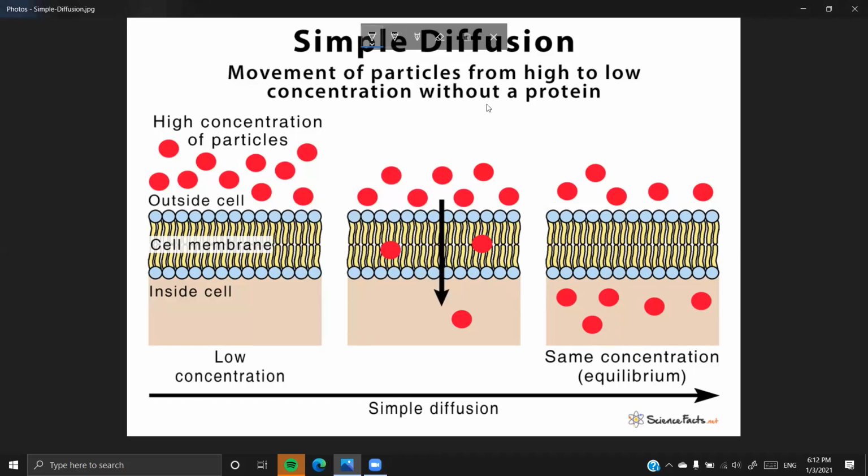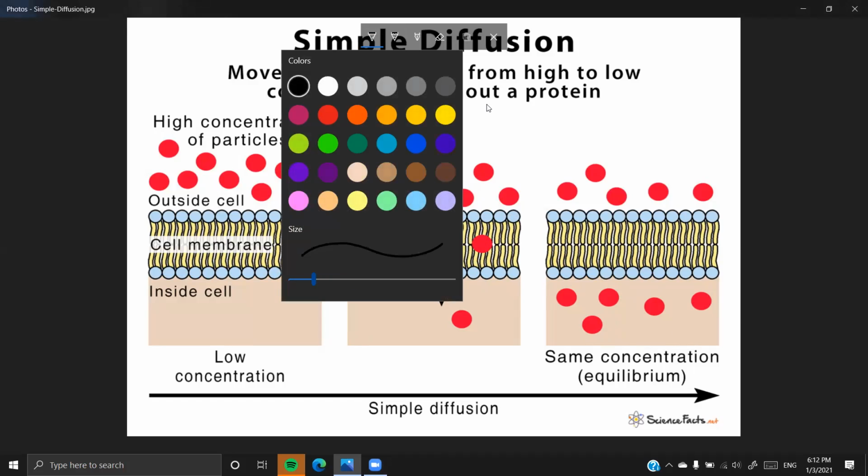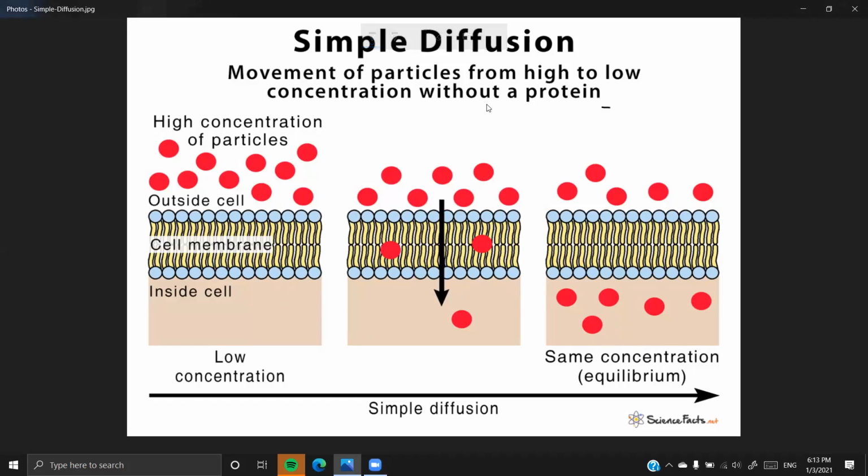So this point is important for you to remember, that in simple diffusion, the molecules use their kinetic energy. No ATP is used, dear children. This is also important.